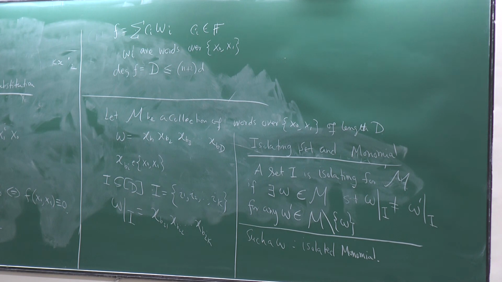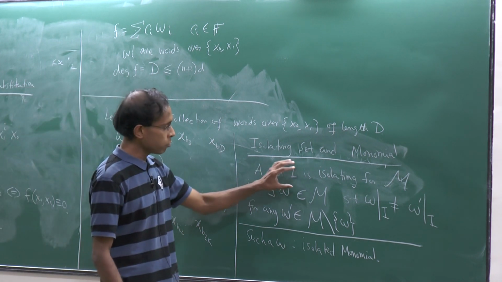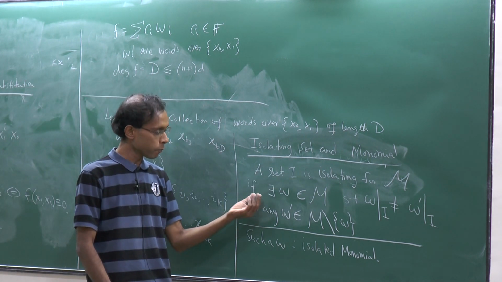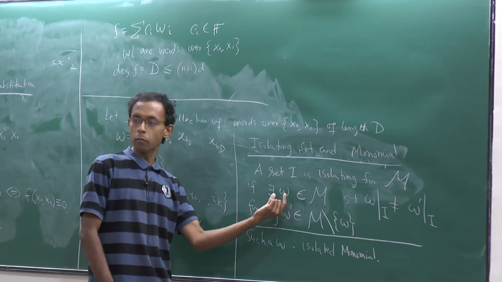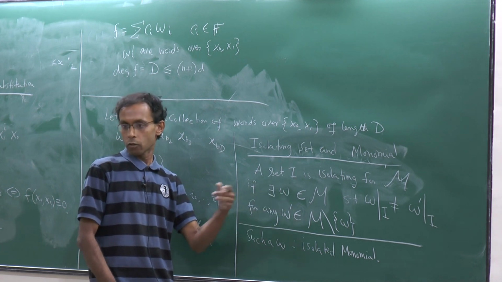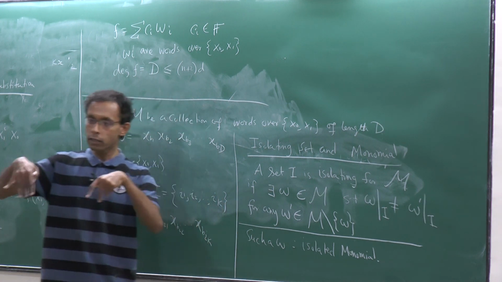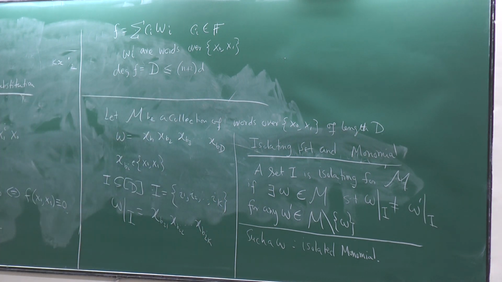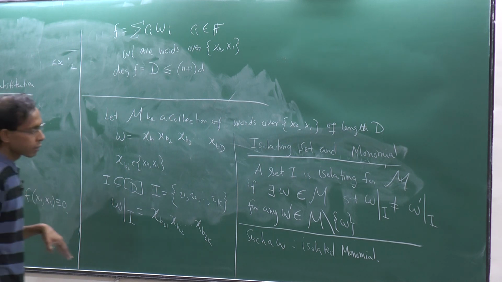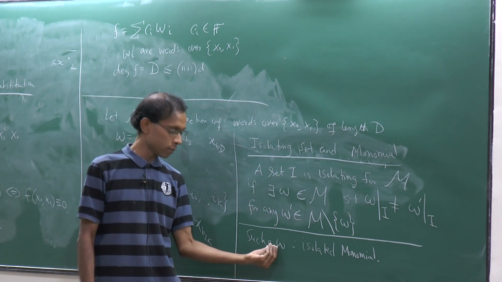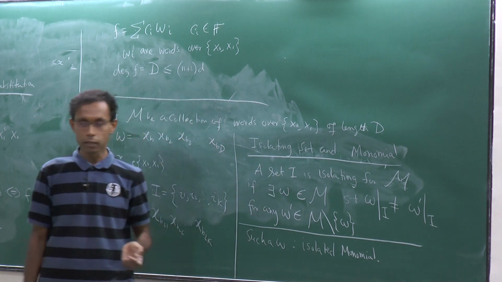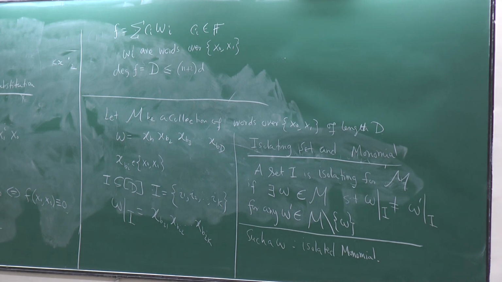Let us say the script M is a set of words of length, let us say, d, and I want to call a set I, which is a subset of 1 to d, isolating if there exists one monomial or one word in the set, so that when you project to the locations indexed by I, that monomial looks different than any other monomial in the set. Call that set I isolating and call such a monomial an isolated monomial in that set. So, that monomial is distinct with respect to that set I from any other monomial.